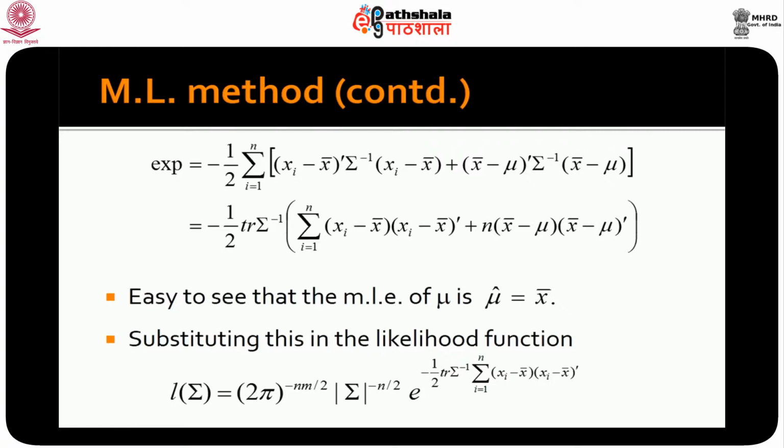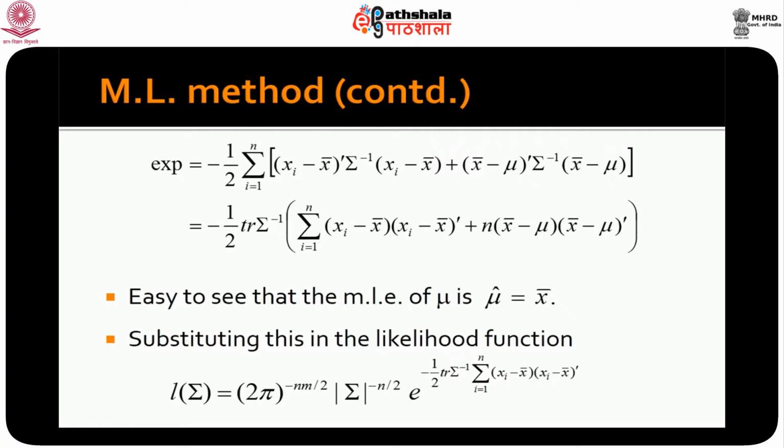And you know this is a scalar, so we can always write the trace of this, and if you take the trace, then we can bring the sigma inverse in front. So we have this as trace of sigma inverse times summation i equal to 1 to n (xi minus x bar)(xi minus x bar) prime plus n times (x bar minus mu)(x bar minus mu) prime.